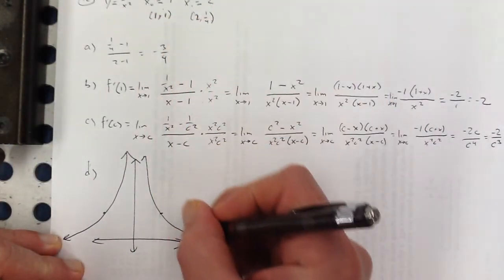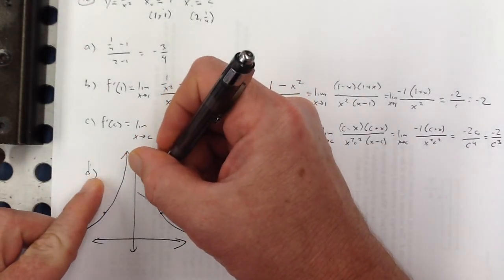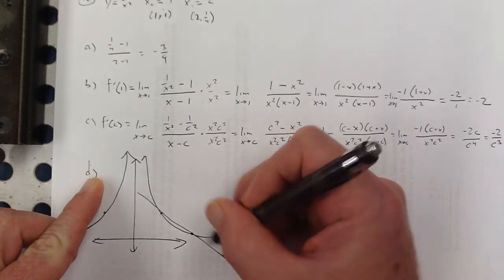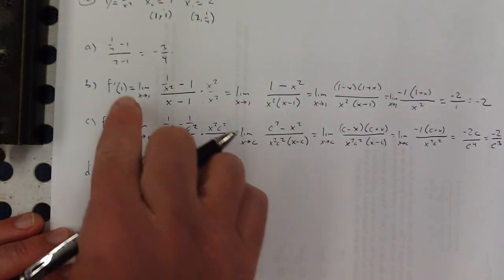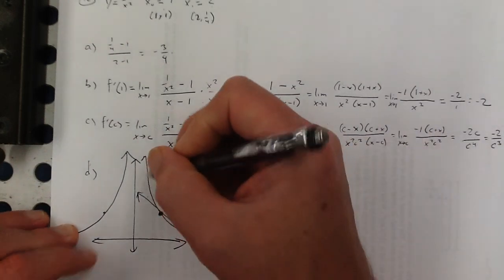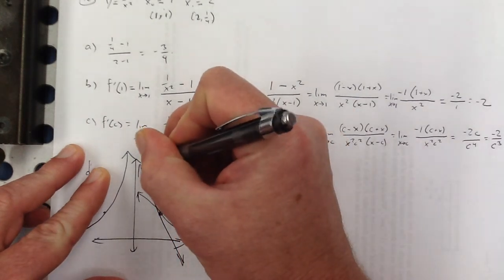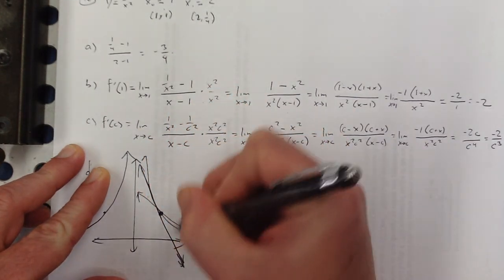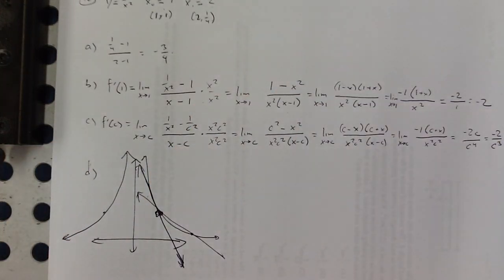Our secant line that connects those points. That was my line that had a slope of negative 3/4, and then the tangent line at 1, which had a slope of negative 2. Ooh, not the best tangent line I've ever made in my life. Good enough for a sketch. All right.